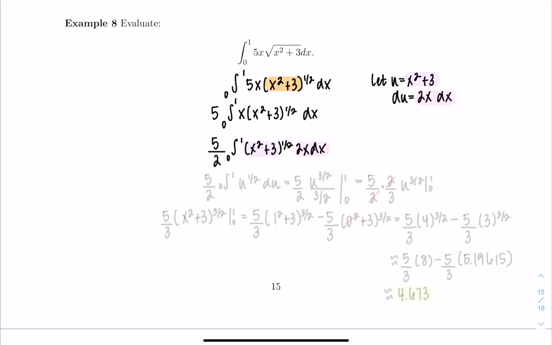And so we can replace the 2x dx with du, and we can replace the x squared plus 3 with u. So we really have 5/2 from 0 to 1. This gives me u to the 1/2 du.